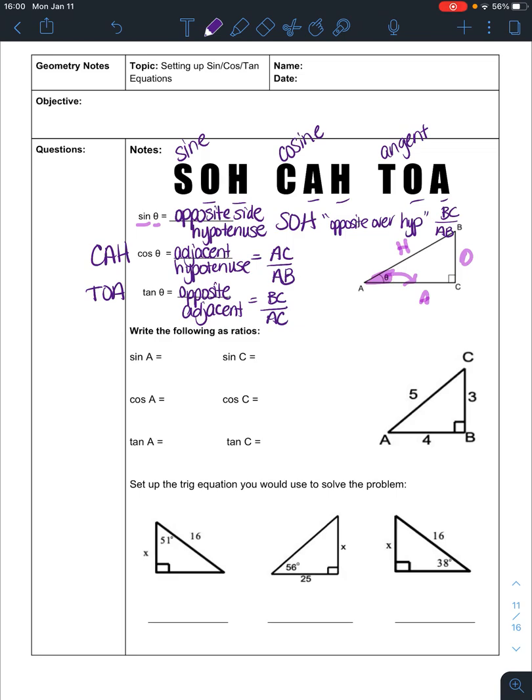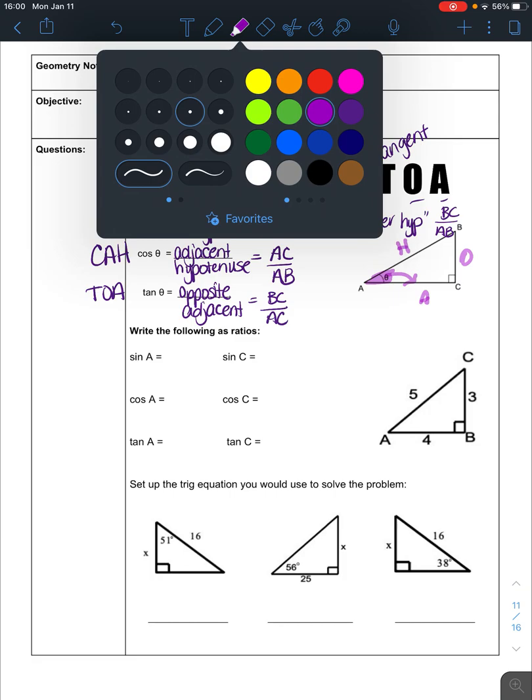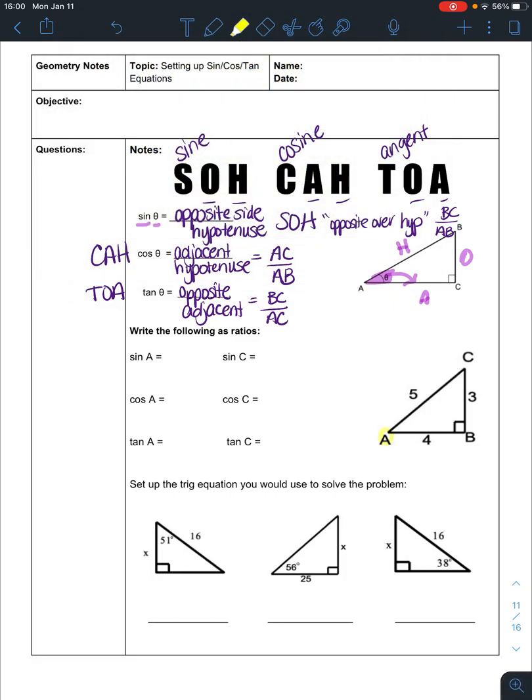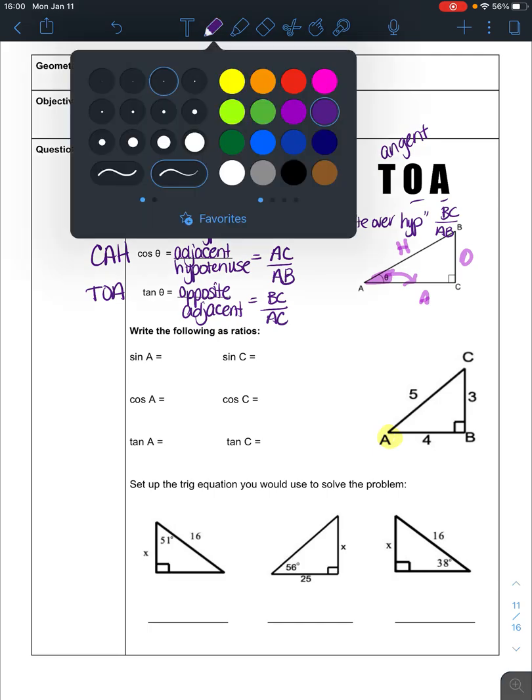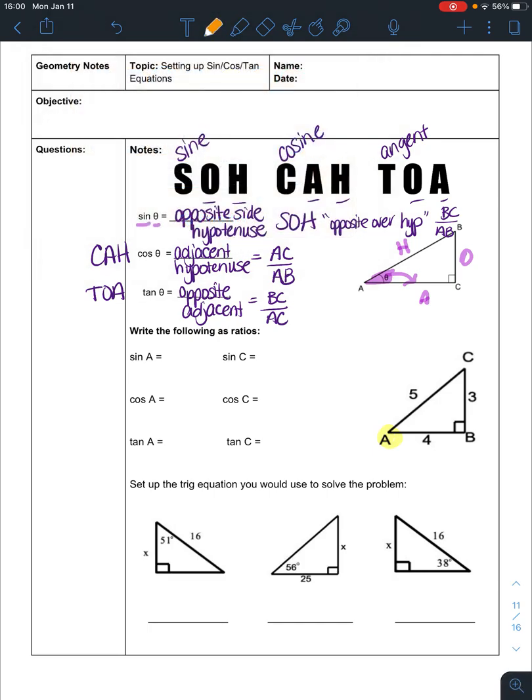So let's get some practice writing these as ratios. The sine of A. We're going to base everything off of where A is. Based on A, 3 is opposite, 4 is adjacent, and 5 is hypotenuse.